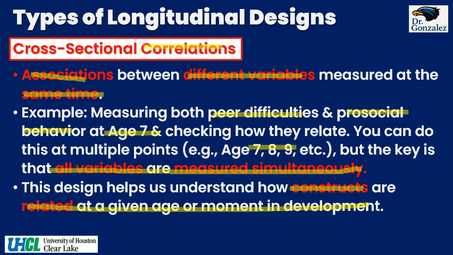So if we looked at those two things as a snapshot at certain moments in time, we could see a relationship, correlation, and then as the child's growing, we expect to see some change maybe in those two variables. But the important key with this is that they're cross-sectionally measured simultaneously.